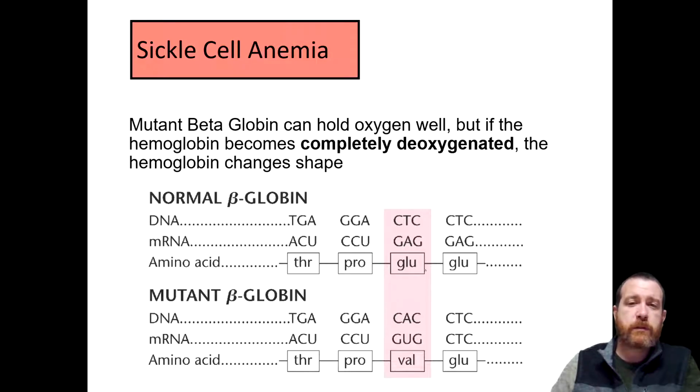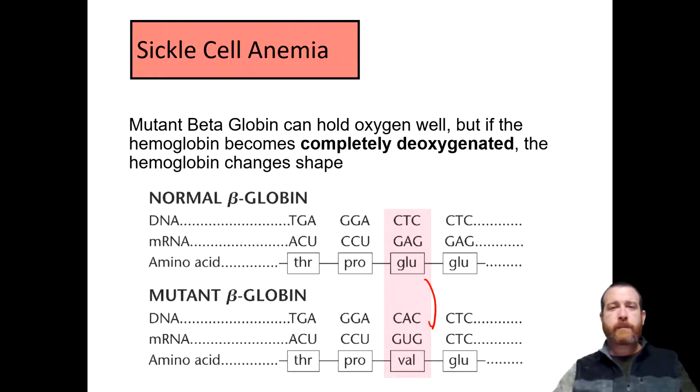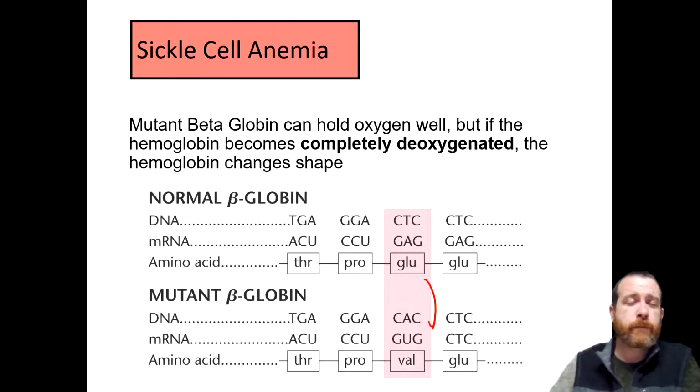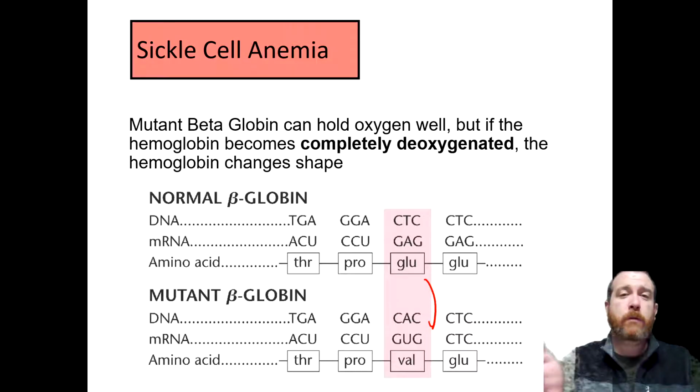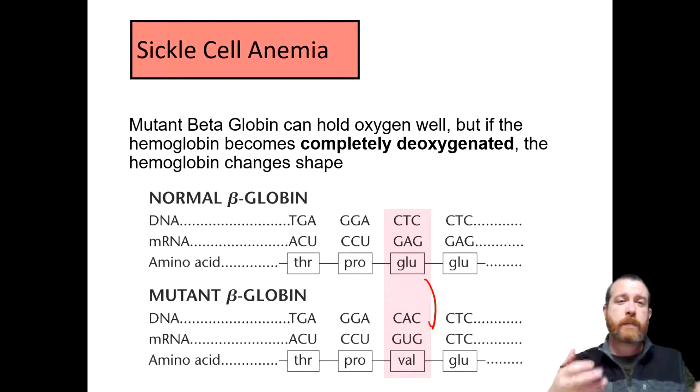The diagram that you're seeing here shows just one minor base change, in that it's replacing a glutamate with a valine amino acid. So now the protein is going to have almost everything the same except that one particular amino acid site. So this hemoglobin molecule, yes, it can hold on to oxygen, but in the event that this hemoglobin lets go of its oxygen, well, now that hemoglobin molecule changes its shape a little bit.